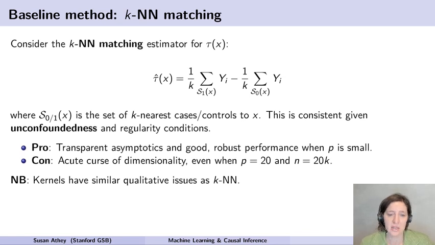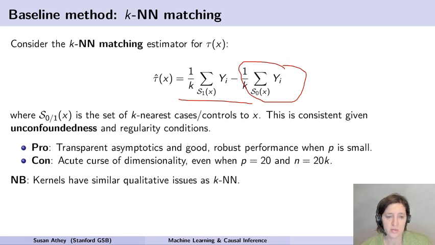Using KNN, the estimator for tau of x is constructed by first, for the target x, the realization little x that you're trying to go for, taking the K closest treated observations and taking the sample mean, then taking the K closest control observations and taking the sample mean, and then taking the difference between the two. We'll use this to construct an estimate tau hat of x.